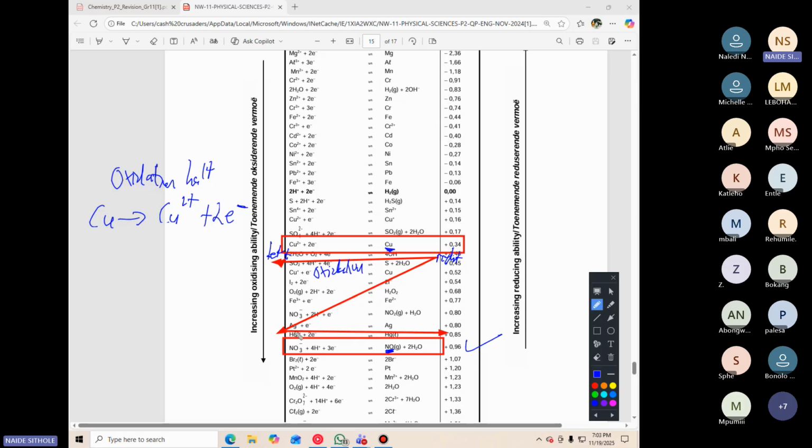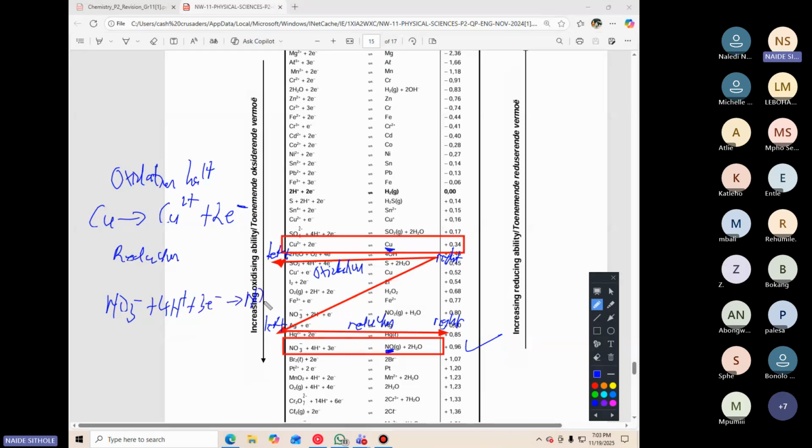Here it's telling us that if I want to write the reduction, I don't change anything. I simply write it from the left to the right, as we can see from here. When you write the reduction half, you simply write it exactly as it is. That's the Z method.